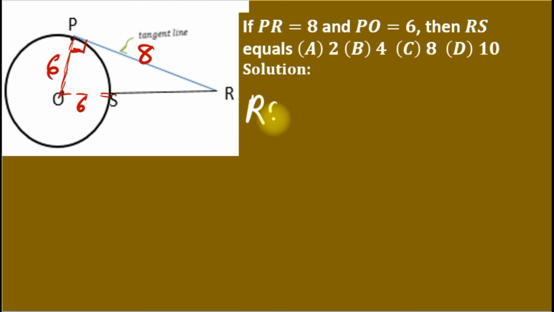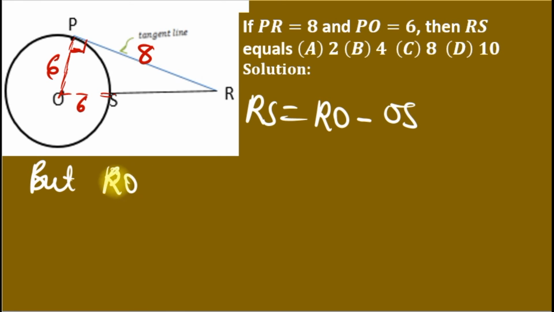So RS is now RO minus OS. But RO, from the Pythagorean theorem, RO, that's the hypotenuse of this right triangle, is always square root of 6 squared plus 8 squared.